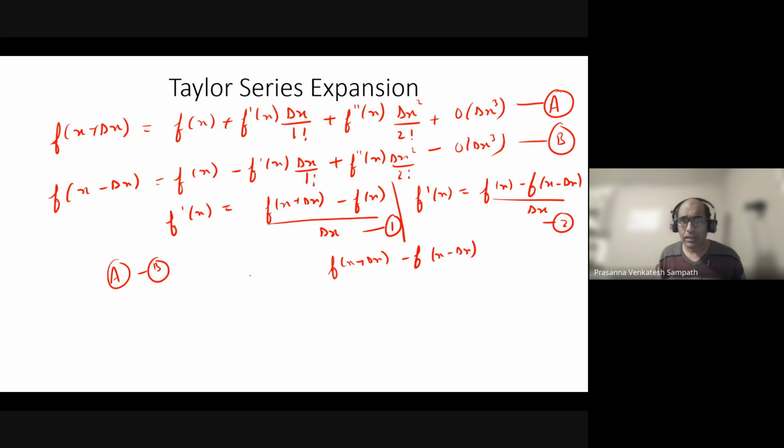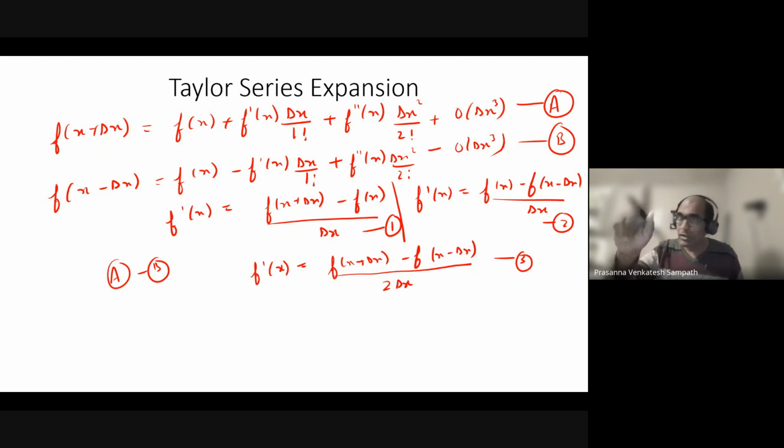So in other words, I can write f prime x will be f of x plus delta x minus f of x minus delta x, divided by 2 delta x, right? You can do the algebra. Now this is called the central difference scheme. The central difference scheme has one major advantage, in that in equation 1 and 2, the error is of order delta x. In equation 3, the error is of order delta x square. I will leave the math to you.